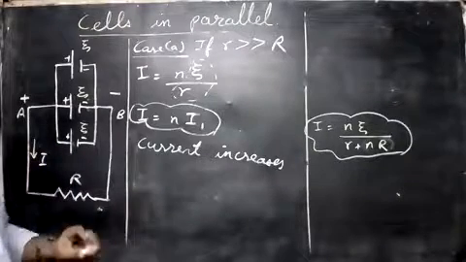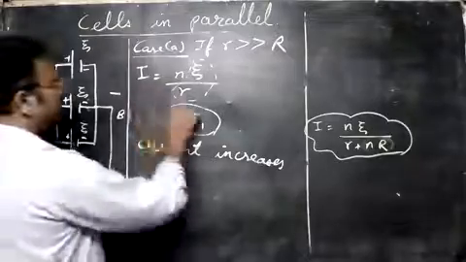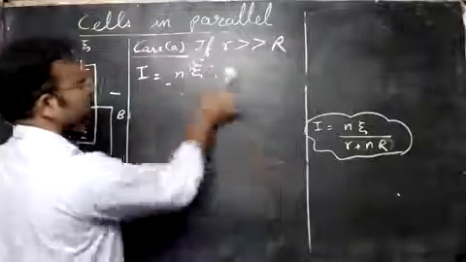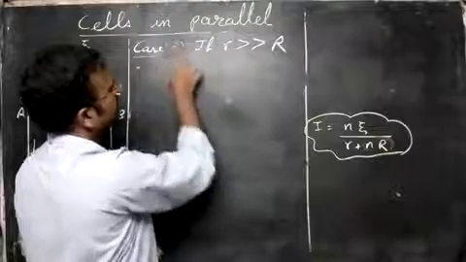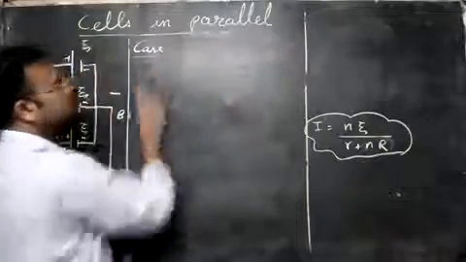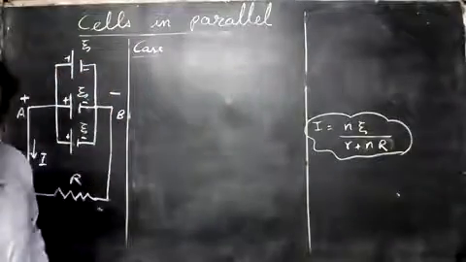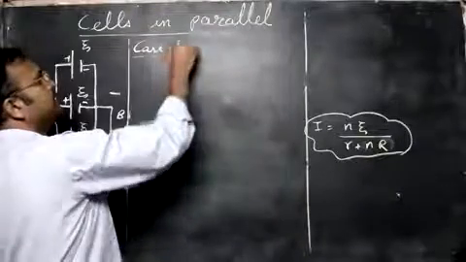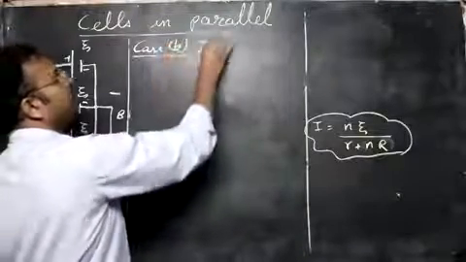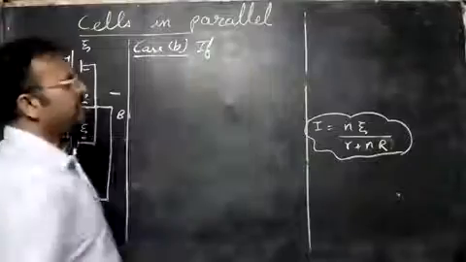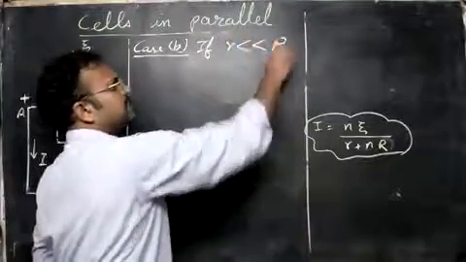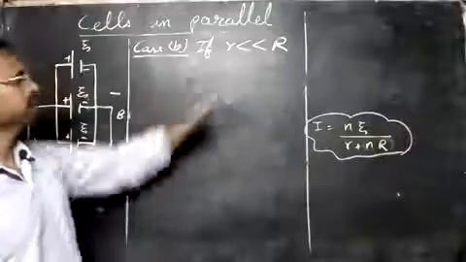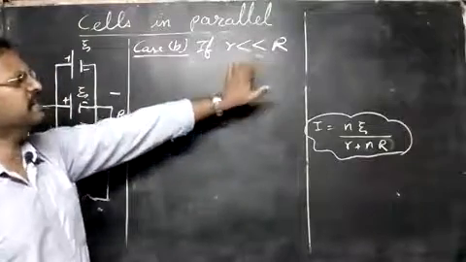Now let's go to case B. Take chalk here. Case B: the internal resistance is very much less than the external resistance.